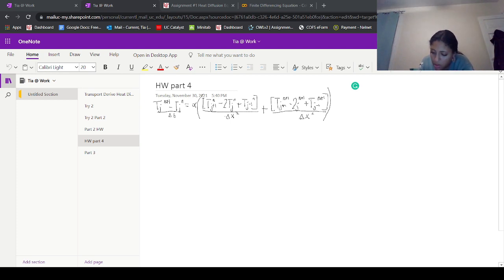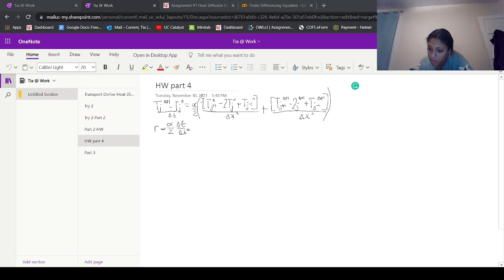And then we also have to have this over 2 for the average. And so basically your r value becomes r equals alpha over 2 times the change in time over change in x squared. I always am apologizing for that being so ugly.